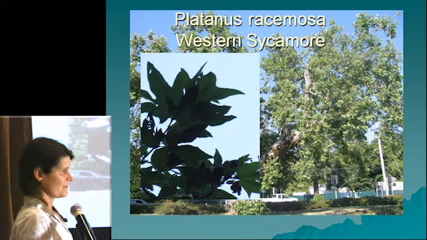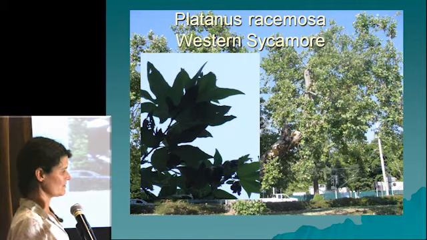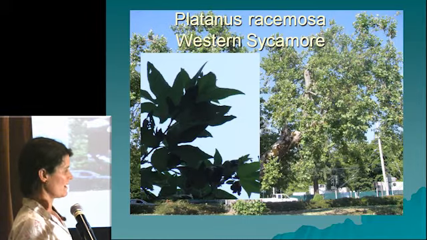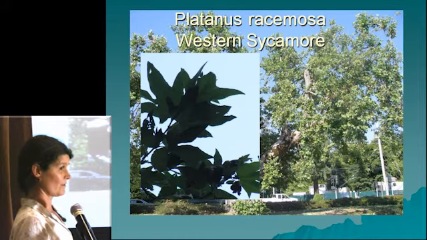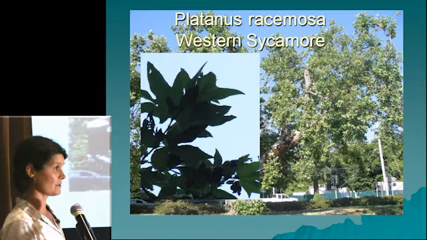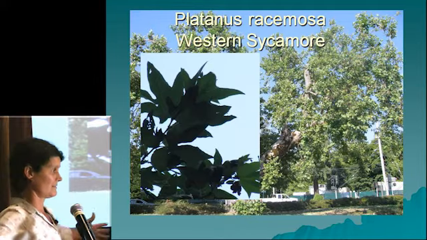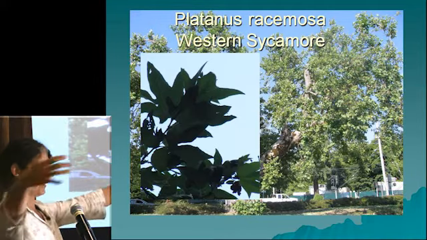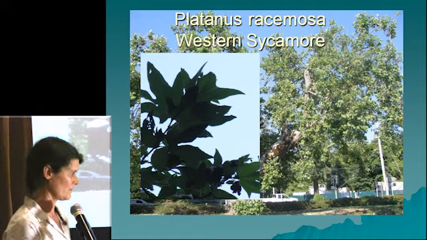And then our western sycamore, Platanus racemosa. This tree is huge. There's a tree near where I live that they recently had to cut back, I think, in order to save it. It's a really old tree. The trunk is huge. It must be over 100 years old.